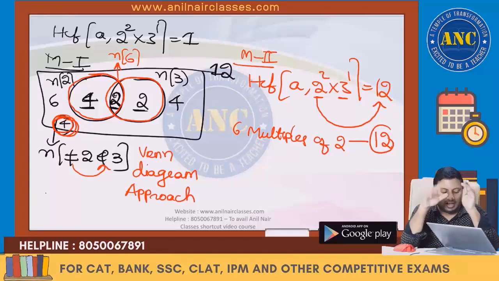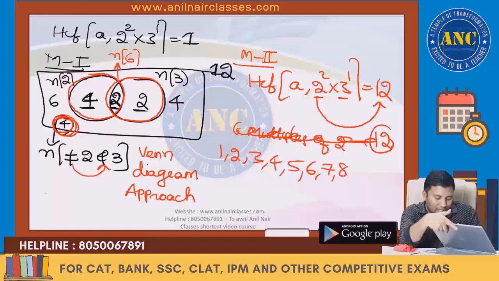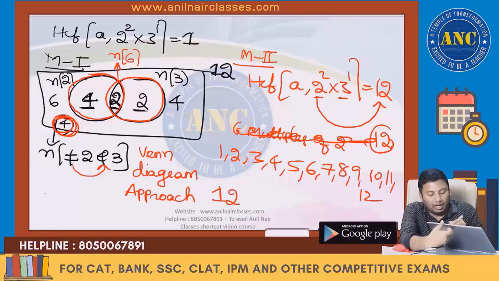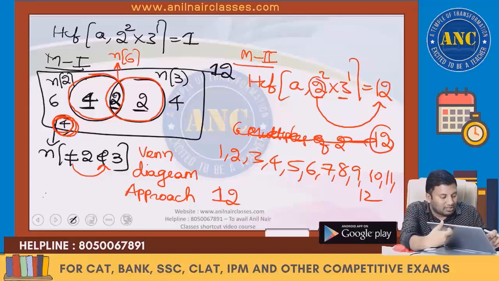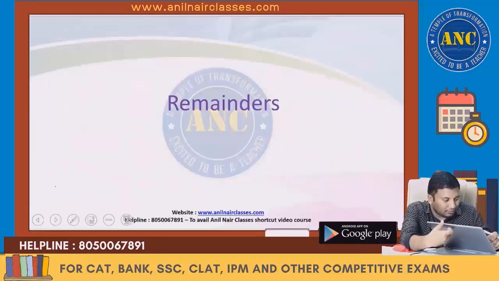So total, I will write like this: 1, 2, 3, 4, 5, 6, 7, 8, 9, 10, 11, 12. In this total of 12 numbers, how many are not divisible by 2?